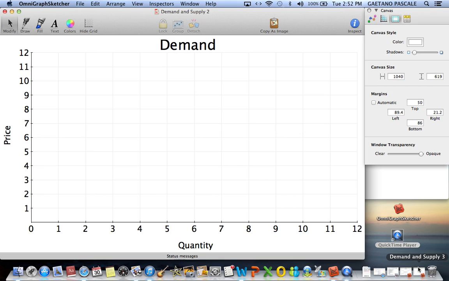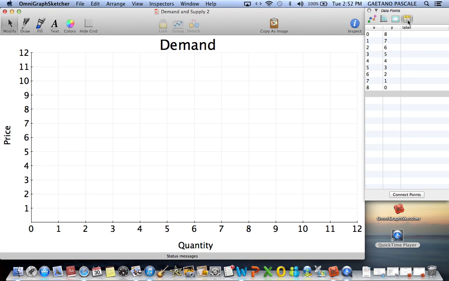All right, so now we're going to take a look at the demand side, and I'm going to pull up some data points I have here. This data that we see right here, all right, on the x-axis we have quantity, and on the y-axis we have price.